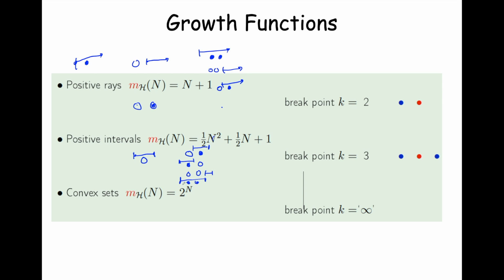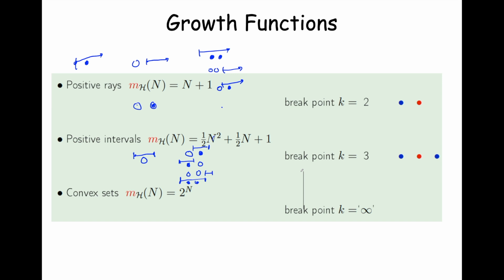And therefore, the breakpoint k is equal to infinite. So that means the set of convex sets, that hypothesis set, is infinitely expressive. If we look at the complexity, the positive rays are simpler, less expressive. Positive intervals are a little more expressive. And convex sets are infinitely expressive.